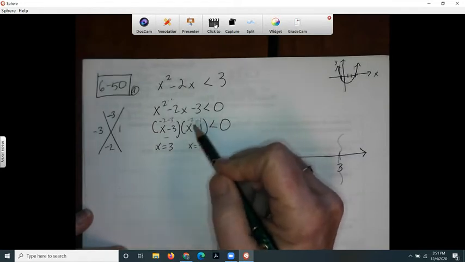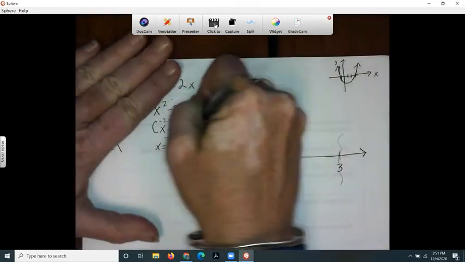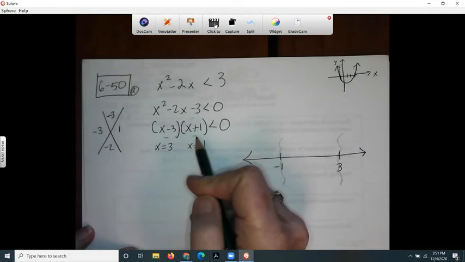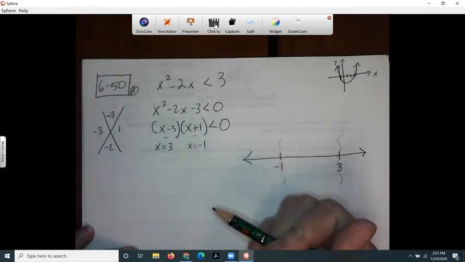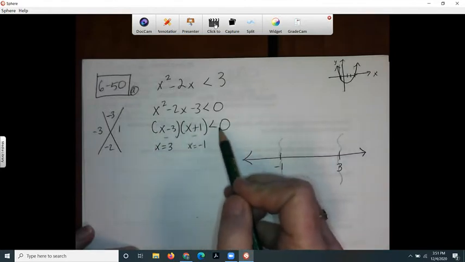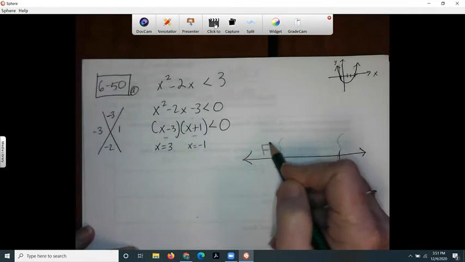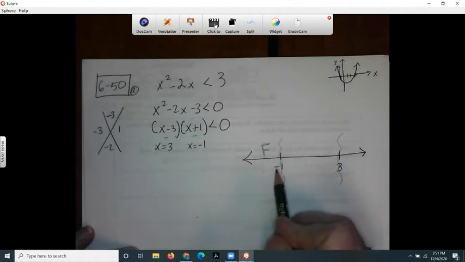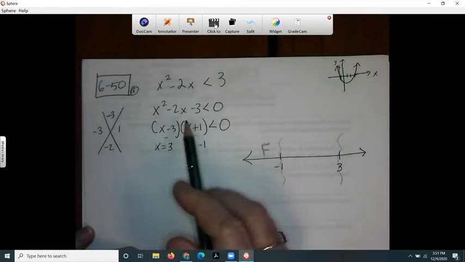I just care that it's negative, because a negative times a negative equals a positive. But if this side is positive, it's not less than 0, so I'll write an F for false. When I plugged in a number to the left of my split point -1, I got false. It didn't make the inequality true.